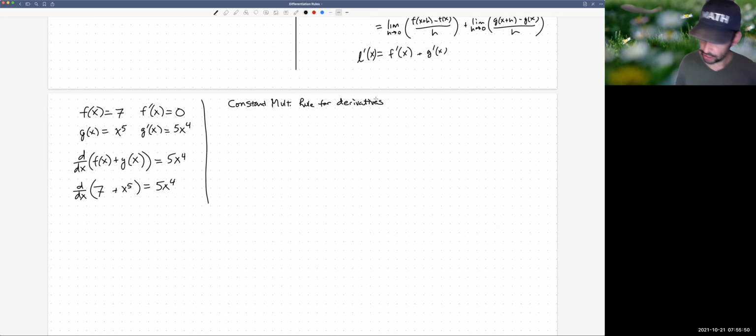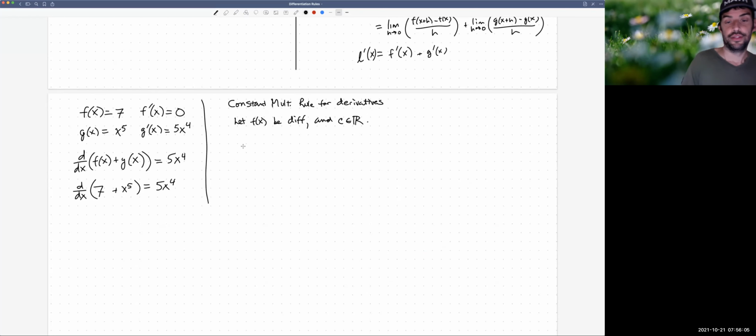Okay, so let f of x be differentiable and c a real number. Then the derivative of this constant times the function, right?